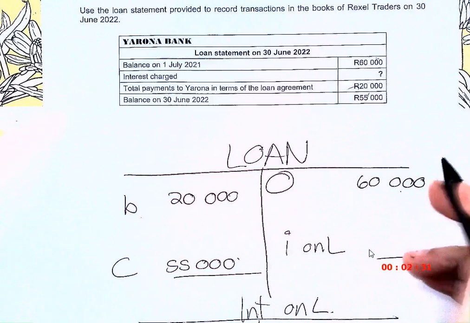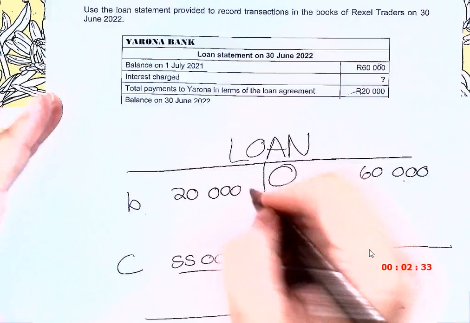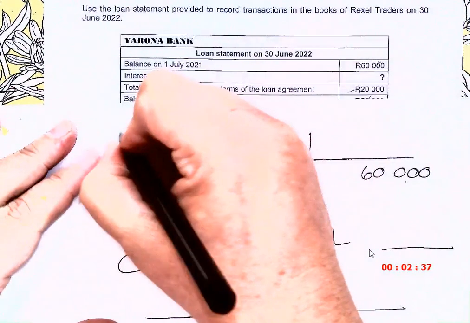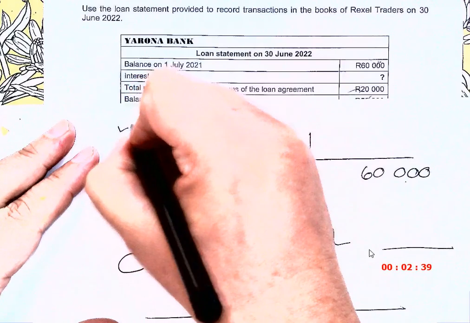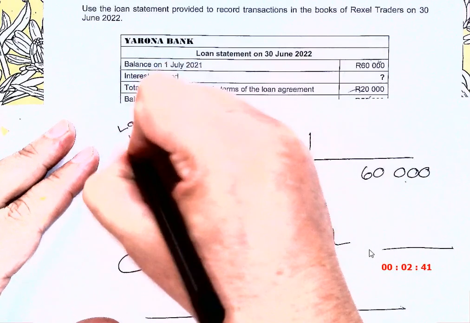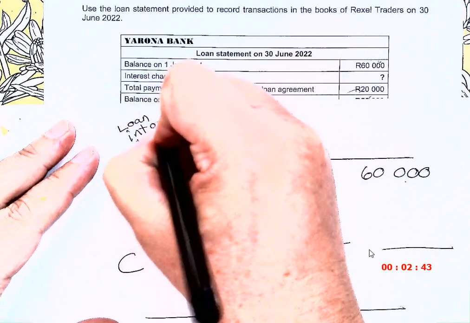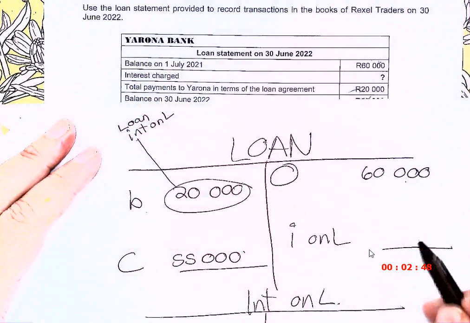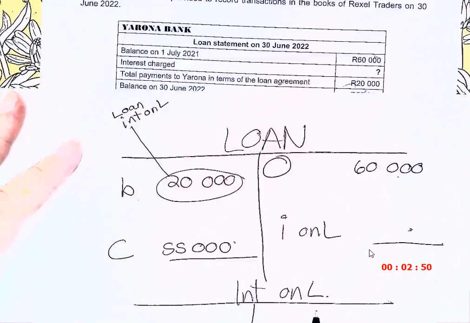Now what I need you to remember is this 20 is basically the repayment on the loan and interest on loan. Let me show you. If I now want to calculate how much interest I've paid, I'm going to balance. Ne?